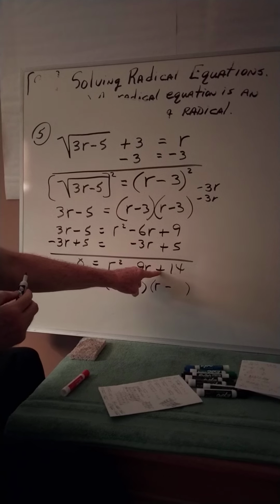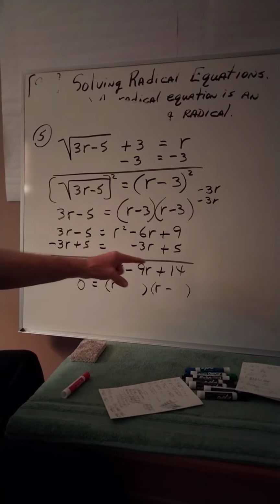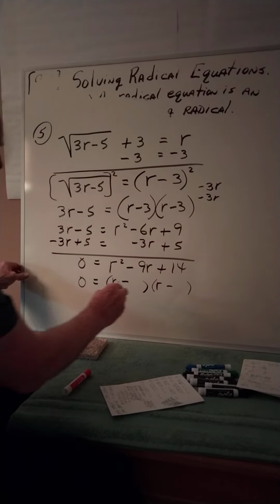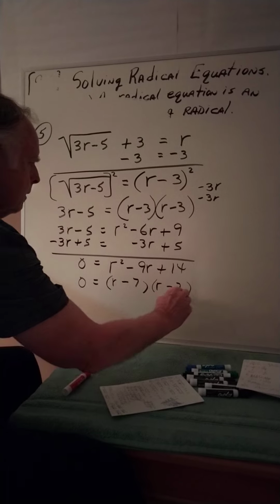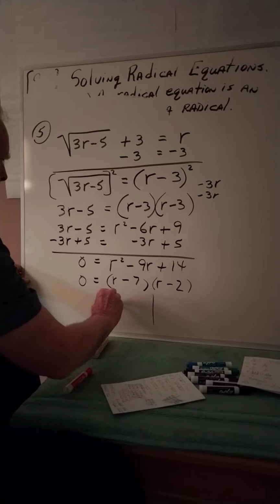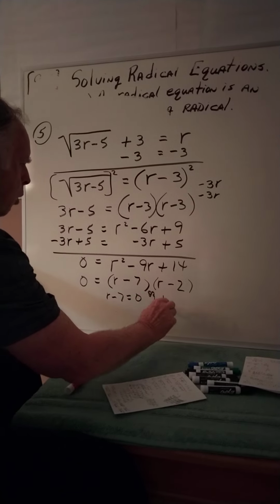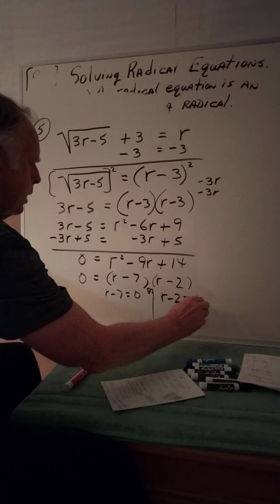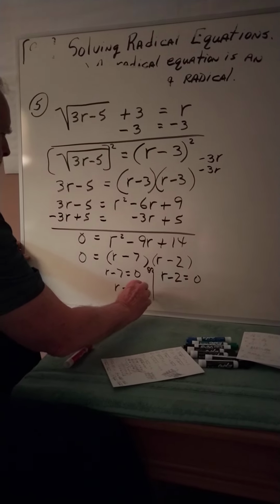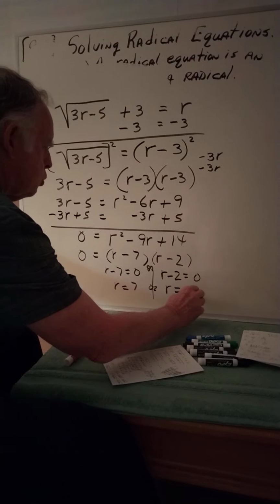And because he's also positive, it means really add. Well, 2 factors of 14 that when really added together would give 9. Now the 0 factor property. R minus 7 is equal to 0, or R minus 2 is equal to 0. R potentially might be 7, or R potentially might be 2.